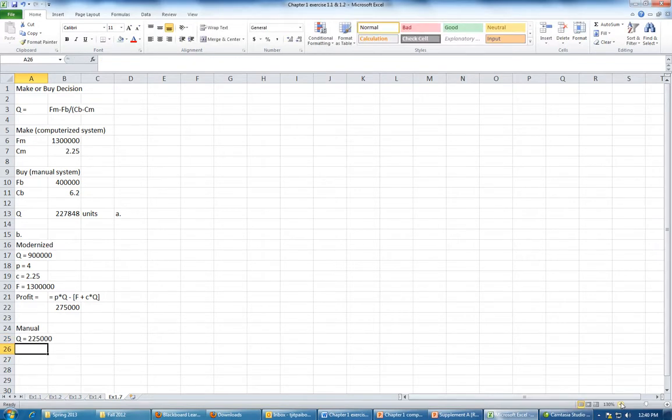The sale price will be $8. Variable cost will be 6.2, and the fixed cost will be 400,000.